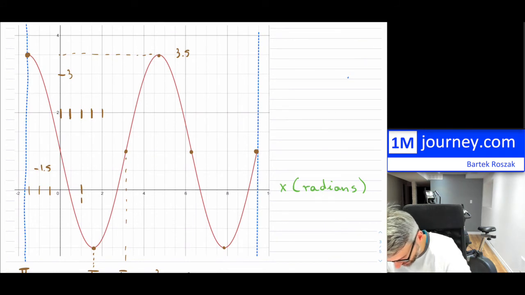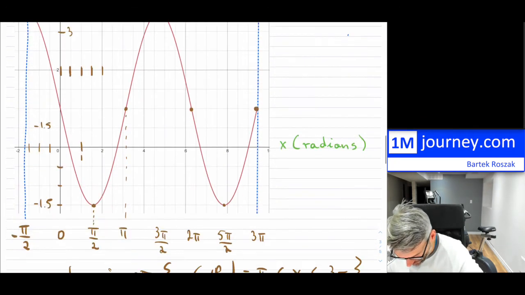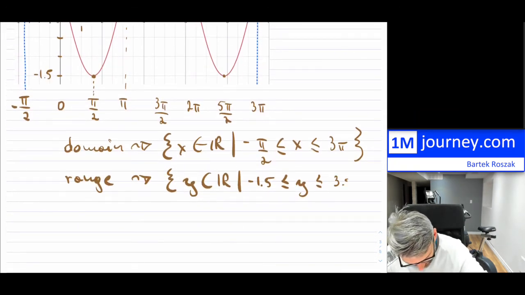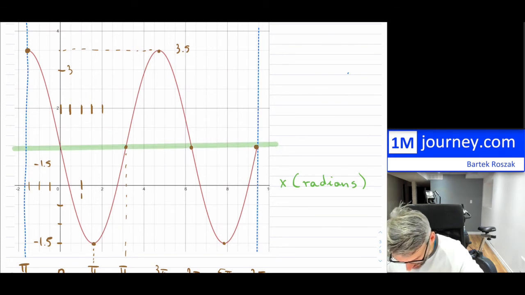These are halves. And this is negative 1.5. So it goes from negative 1.5 to 3.5. So here's our mid-range. Looks like this is going to be cutting it off there.